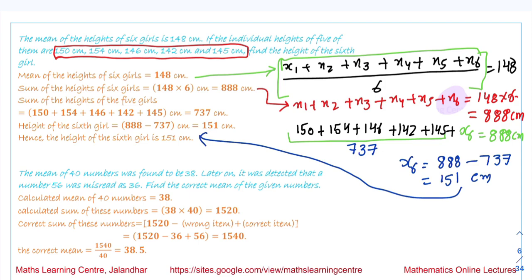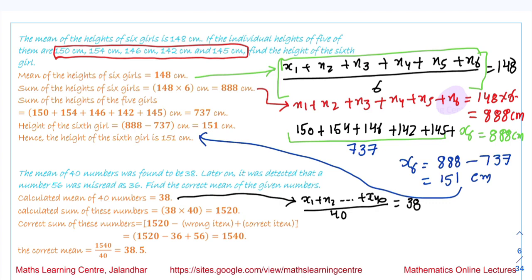Now next we have the mean of 40 numbers was found to be 38. So the mean of 40 numbers means x1 plus x2 and so on up to x40, over 40. This number is 38. Later on it was detected that a number 56 was misread as 36.